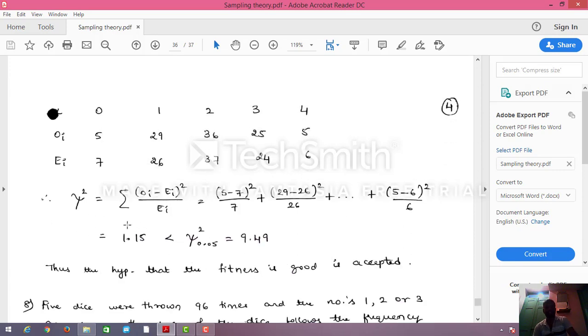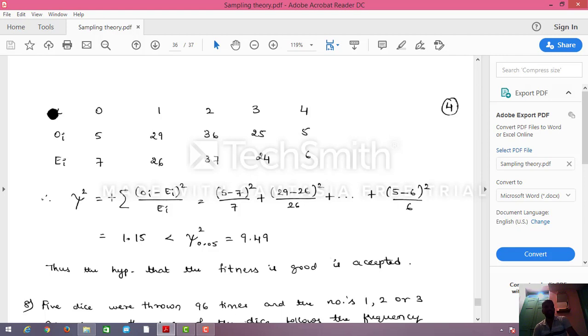Now chi square equal to summation of (Oi minus Ei) whole square divided by Ei. That is 5 minus 7 whole square divided by 7 plus 29 minus 26 whole square divided by 26 plus 36 minus 37 whole square divided by 37 plus 25 minus 24 whole square divided by 24 plus 5 minus 6 whole square divided by 6.